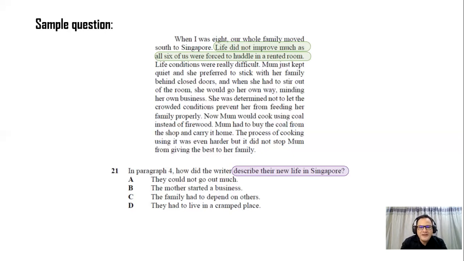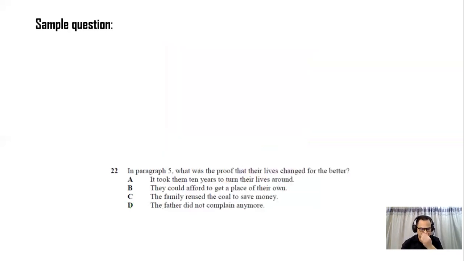So we can find the phrase, they had to live in a cramped place, is similar to the phrase, were forced to huddle. So the answer here is actually D.